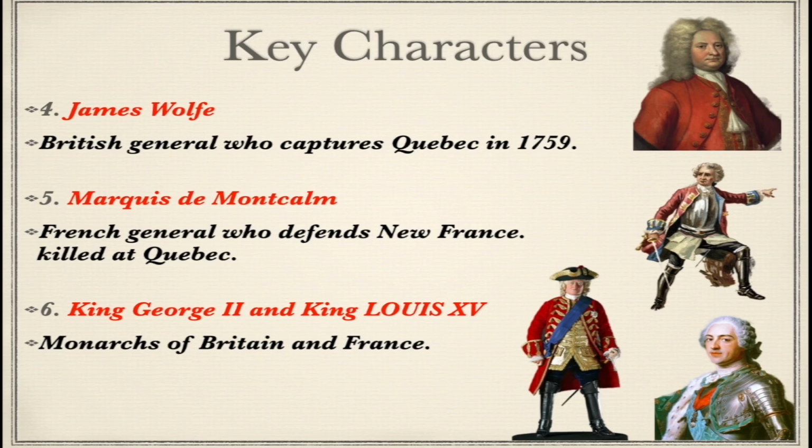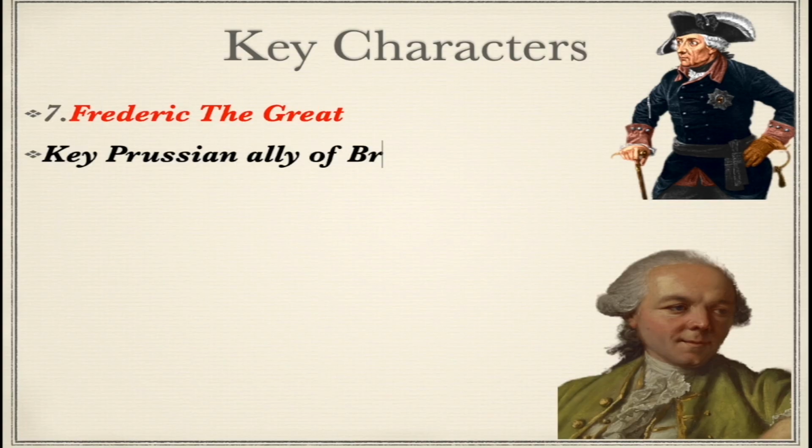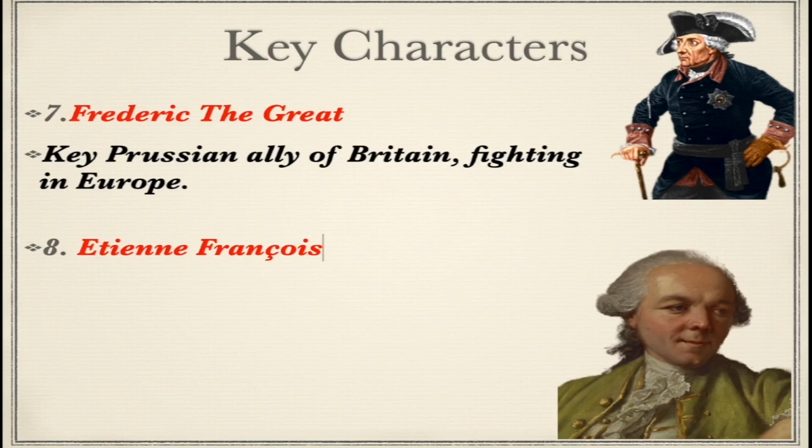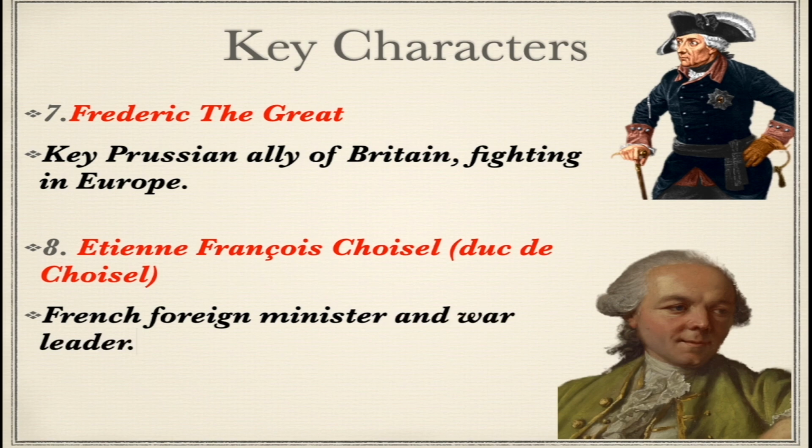King George II and King Louis XV, monarchs of Britain and France. 7. Frederick the Great, key Prussian ally of Britain fighting in Europe. 8. Étienne François de Choiseul, Duc de Choiseul, French foreign minister and war leader.